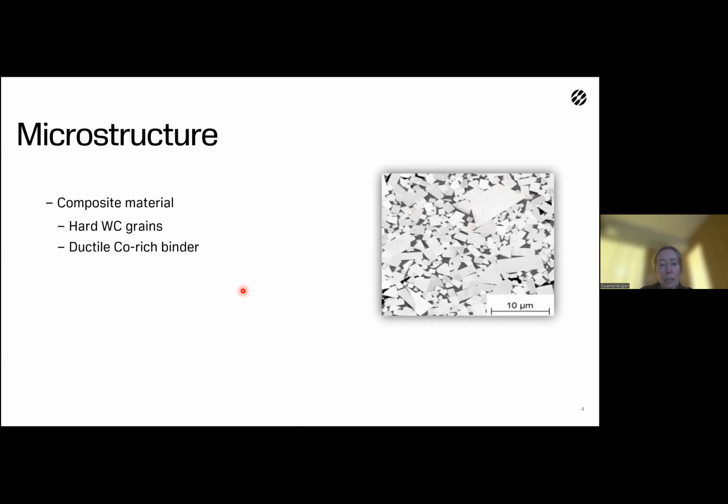For typical applications such as rock drilling, metal cutting or wear parts, the ductile cobalt-rich binder, the gray phase here, is usually between 5 to 16 volume percent. So the majority of the material is tungsten carbide.